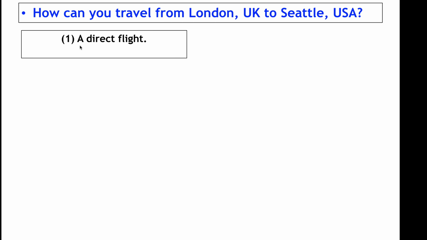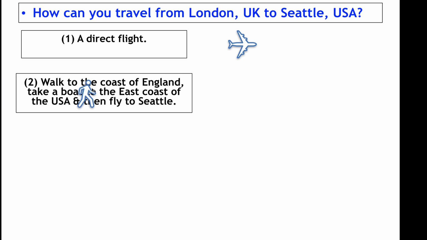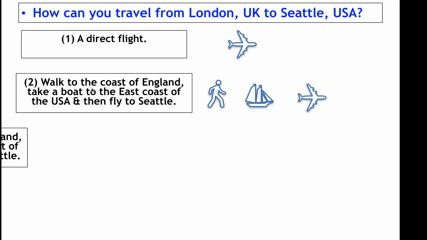How can you travel from London, UK to Seattle, USA? Well, 1. You can catch a direct flight. 2. You can walk to the coast of England, then take a boat to the east coast of the USA, and then fly to Seattle. 3.